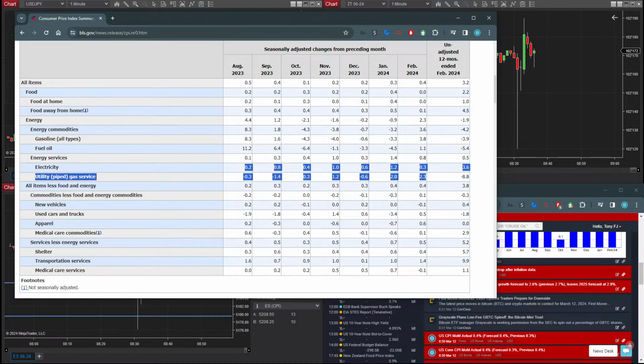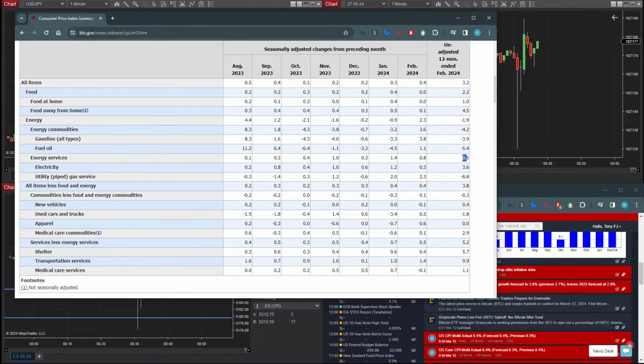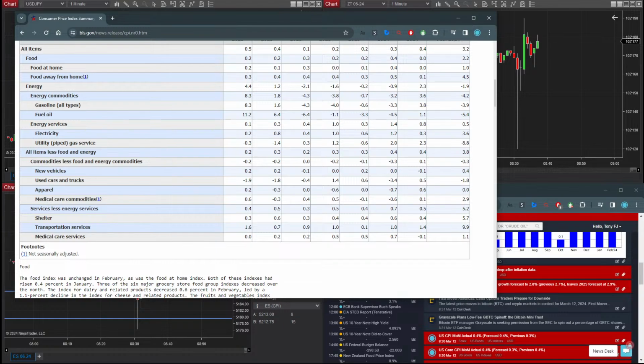What do we got? So gas sources is down. Energy sources is also down as well. Okay, so it may be that from part of the report where you have services down in the month-to-month figures, like in energy services, or services, where was that?